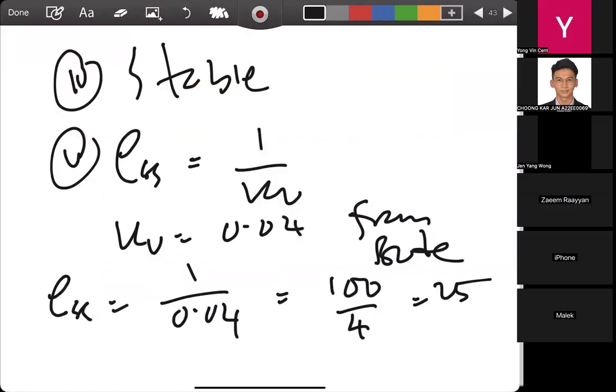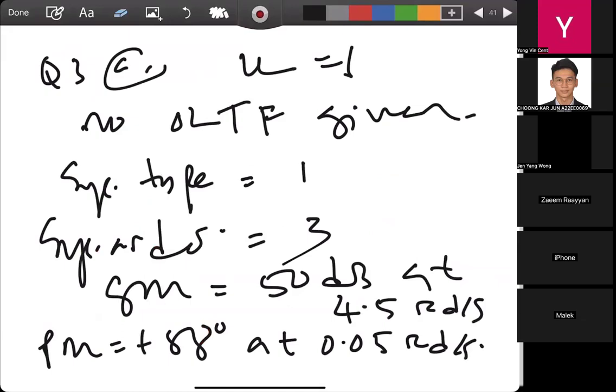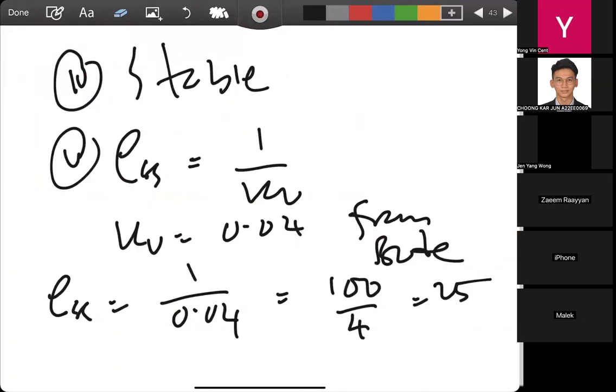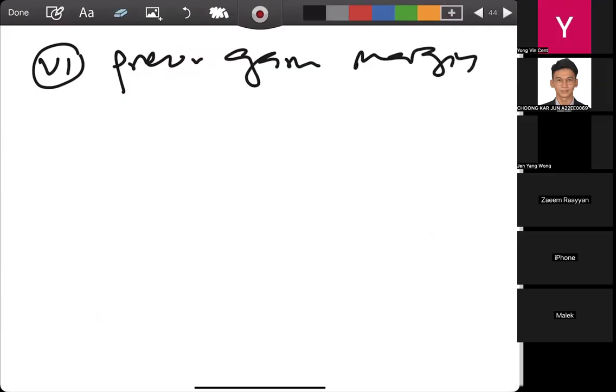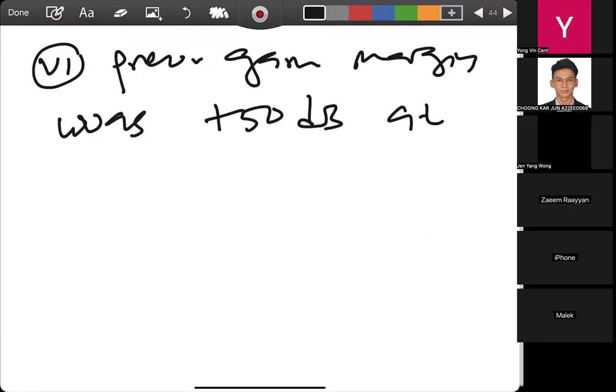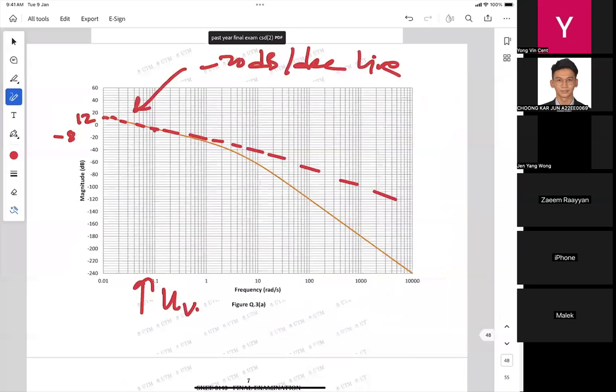The new gain K, if the gain margin is decreased 50%. So the previous gain margin was 50 decibel at 4.5 radian per second. Okay.